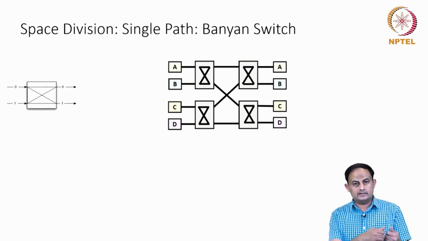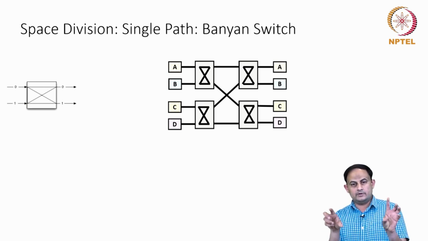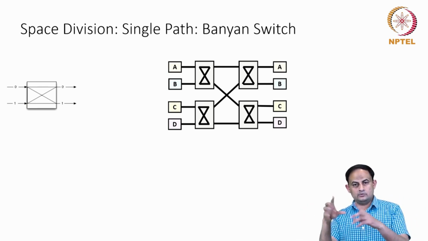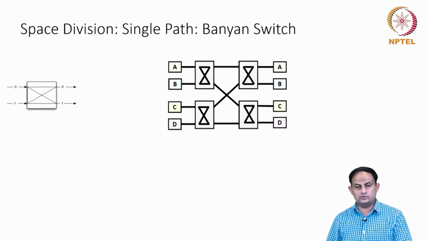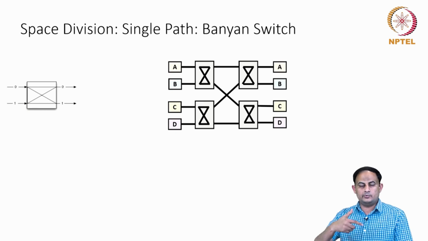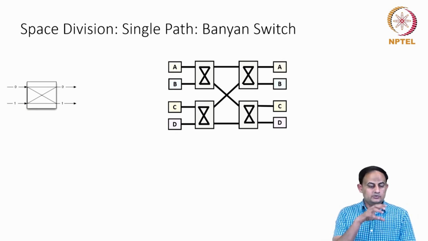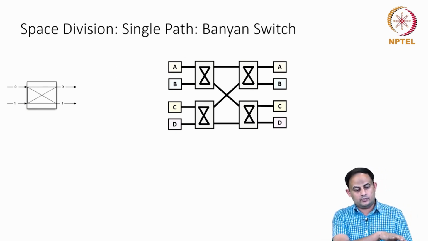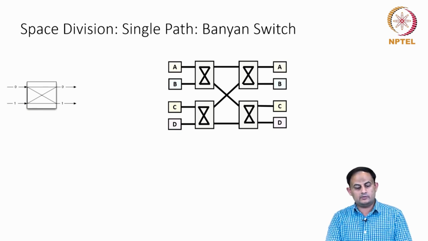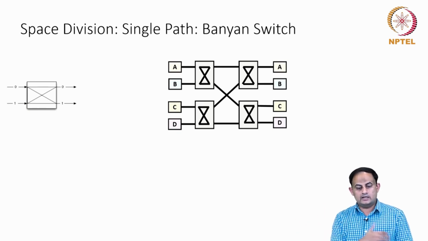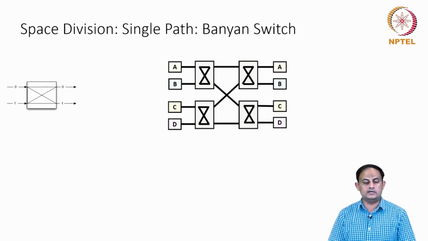For example, if I take a switch fabric design for connecting two port numbers, 2x2, with 2 input ports and 2 output ports, and then use that as a building block, can I extend modularly and come up with higher order designs? Using the 2x2 switch fabric design as a building block, can I build a 4x4 switch fabric, or an 8x8 switch fabric? That is precisely what is done here.